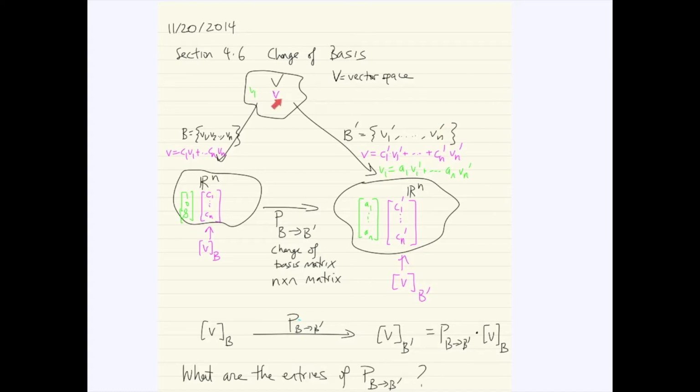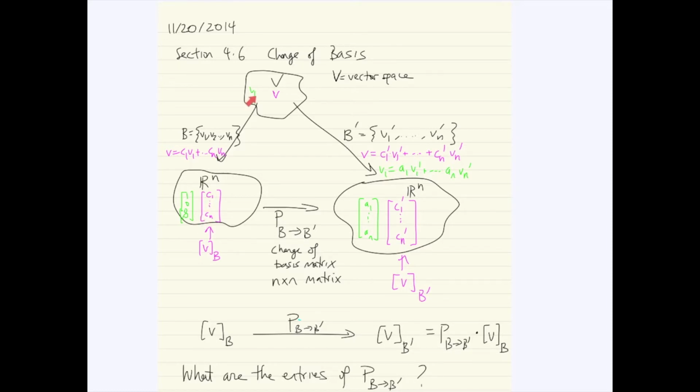Then an arbitrary vector V, here in magenta, can be written as some linear combination of the vectors v1 primed up to vn primed, and we're calling that linear combination c1 primed v1 primed plus so on up to cn primed vn primed. And so the coordinates of V in this new basis B primed is given by these numbers c1 primed up to cn primed. And these are in general going to be different than the c1 and cn here.